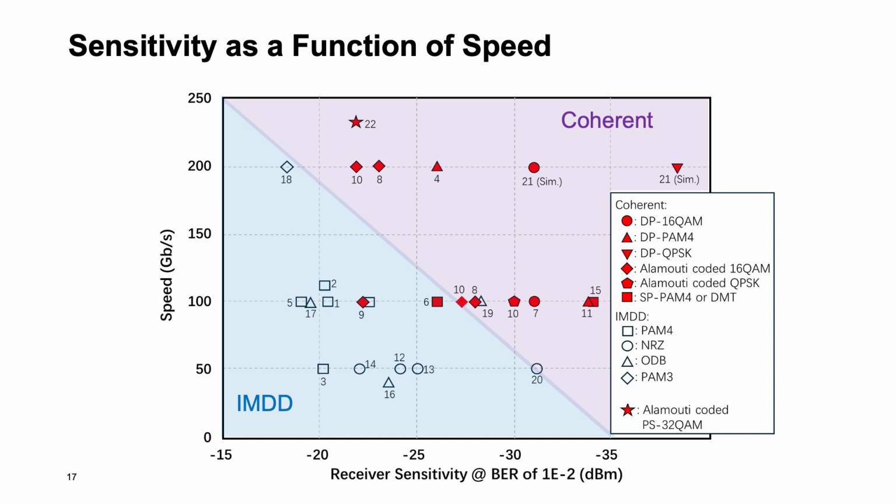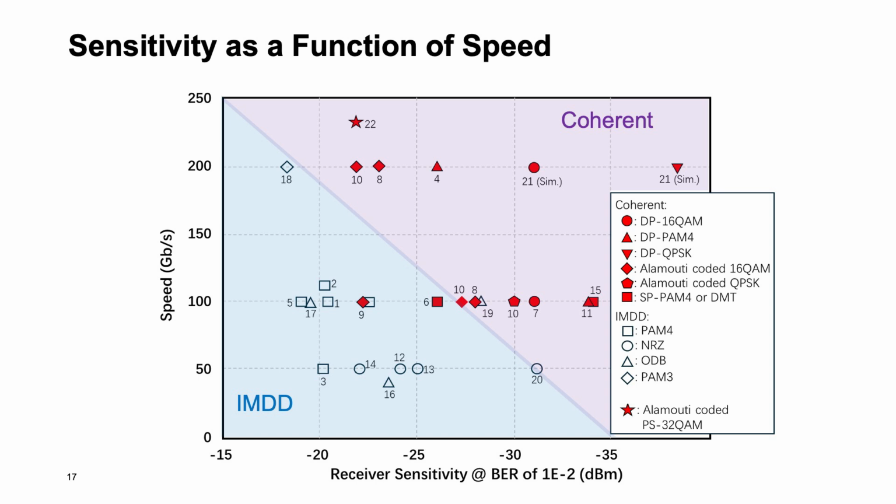We also look at the state of the art. Here we're looking at receiver sensitivity. It really drives what link budget that we can achieve with each generation of PON. And we look at that sensitivity as a function of speed and what's been published in the literature and products which are out there already today. You can see there's a fairly clear dividing line between the red dots, which are coherent, and the bluish dots or squares and circles, which are intensity modulation, direct detection.